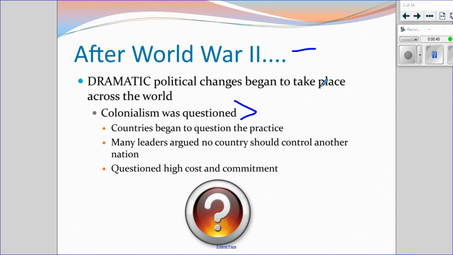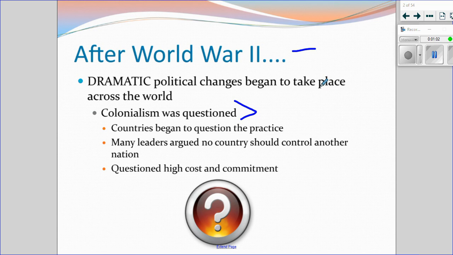Think about this too. What's going on, say, between 1945 and 1991? The Cold War, right? Why would the United States and the Soviet Union embrace decolonization? What are they hoping for? They're pushing decolonization because they want to expand their spheres of influence.